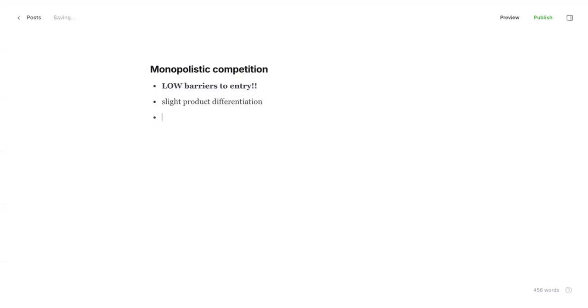All we're going to do is say, in the short run, or initially, the firm aims to profit maximize. They do this by setting prices at what point? What's the profit maximizing quantity?